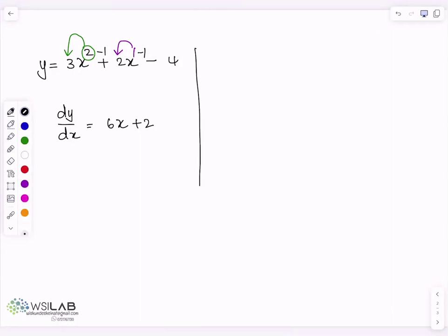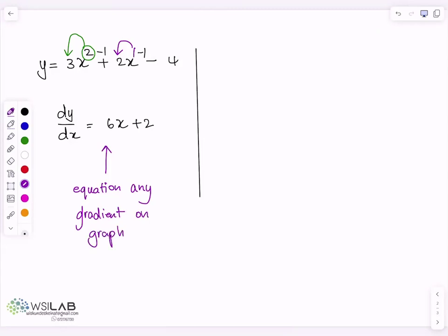So this thing, which is really important, is an equation to get any gradient on the graph y equals 3x squared plus 2x minus 4. If you draw that graph, you can use that equation, 6x plus 2, to get a gradient anywhere.